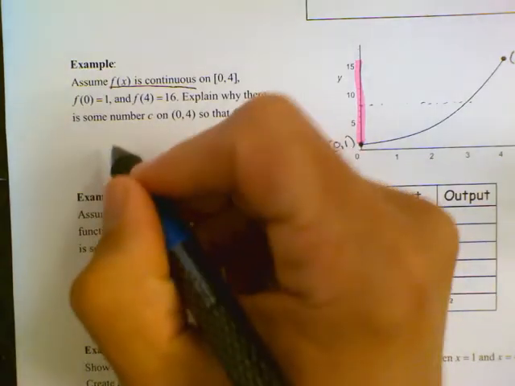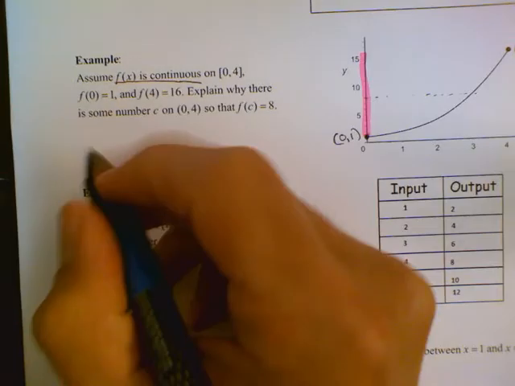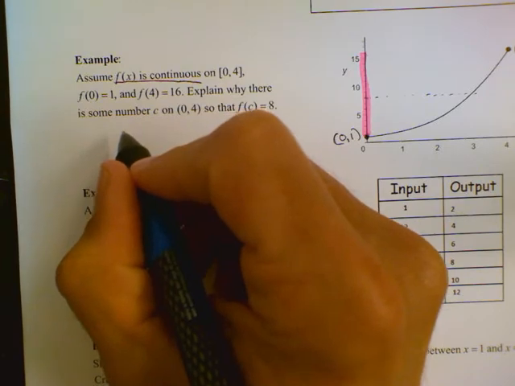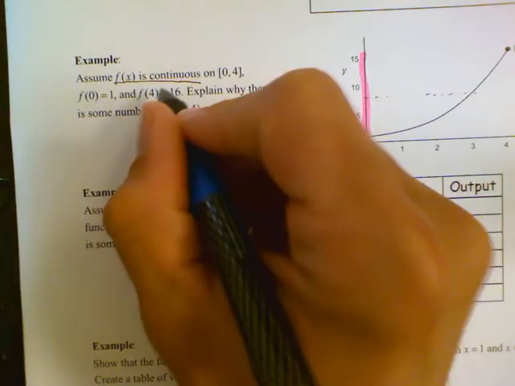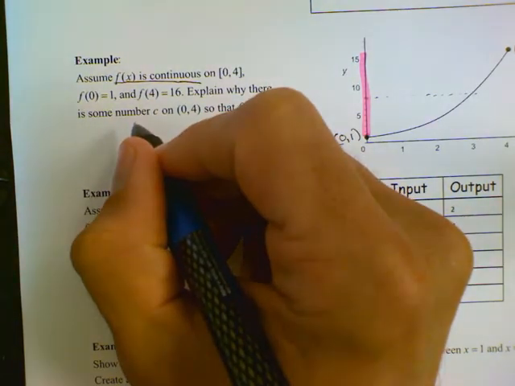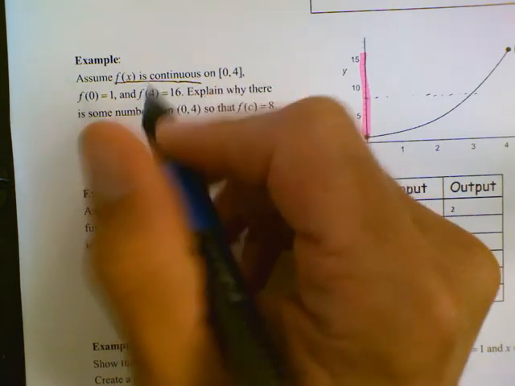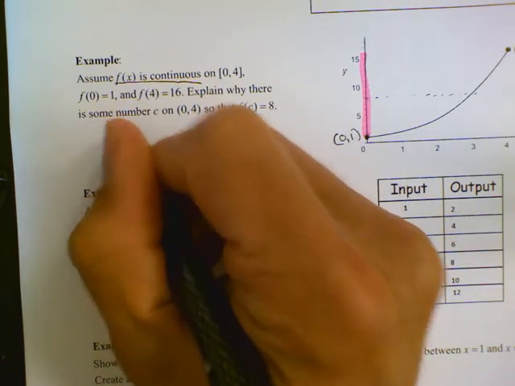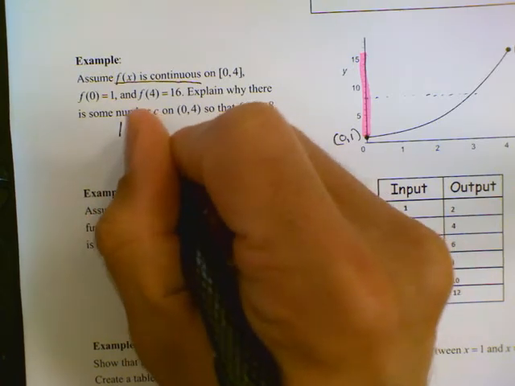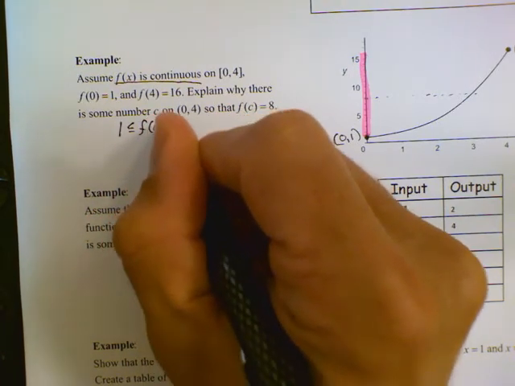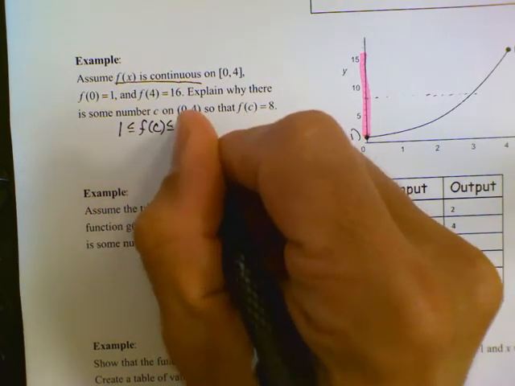So we're just going to do our best in explaining that by using the IVT. Here's the way we'll do that. We'll say that f is continuous. The next thing that we'll say is that 1 is less than or equal to f of c, which is less than or equal to 16.